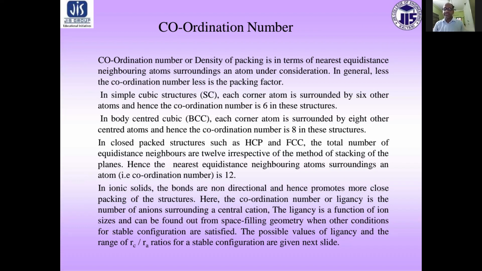The ligancy is a function of ion size and can be found out from space-filling geometry, where other conditions for a stable configuration are satisfied. The possible values of ligancy and the range of the radius of cation by radius of anion ratio for a stable configuration are given in this slide.